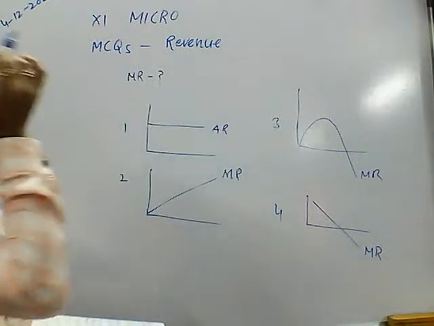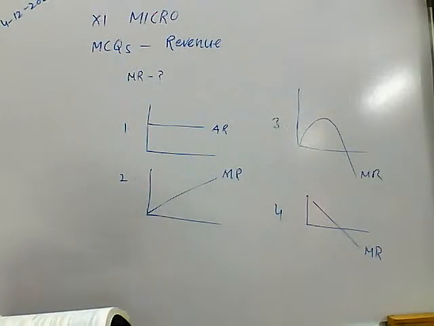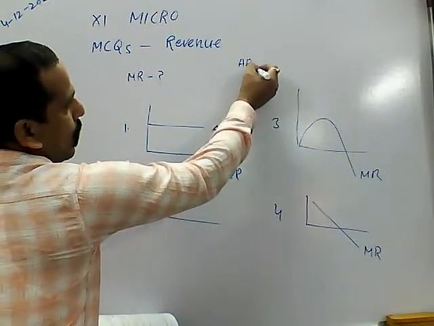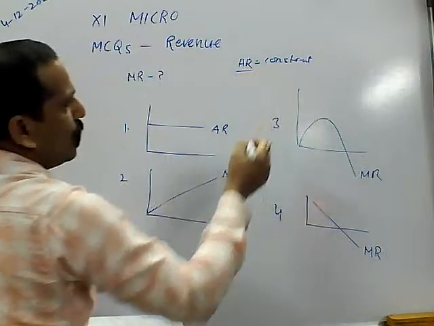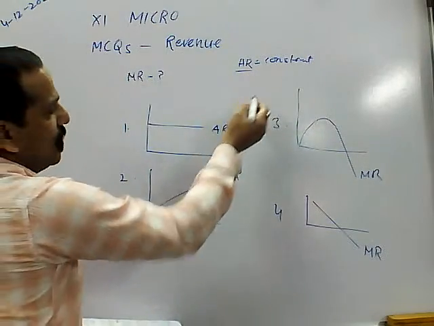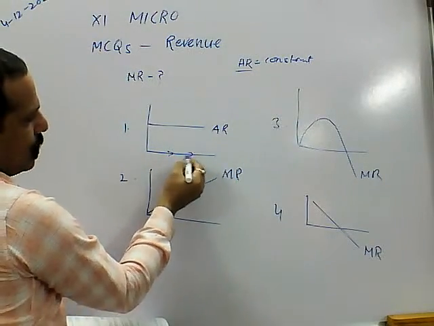Which one is the correct option? Identify the correct marginal revenue when prices remain constant, AR constant, with the increase in output.